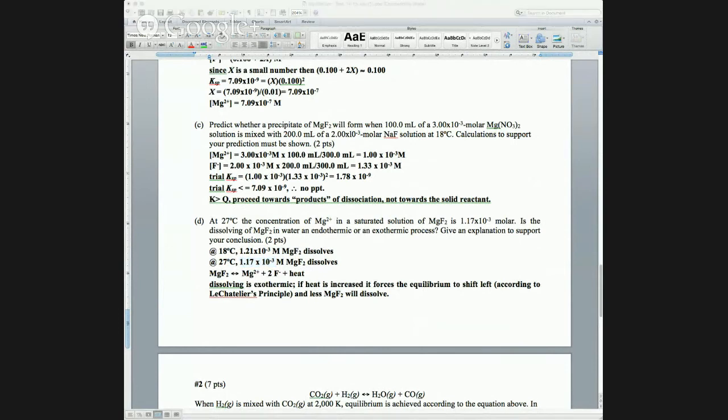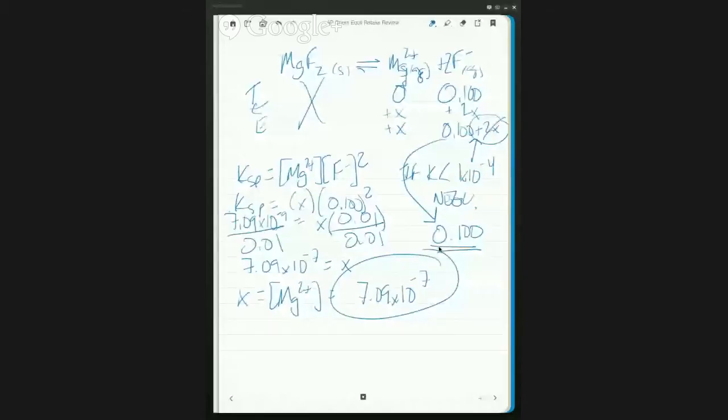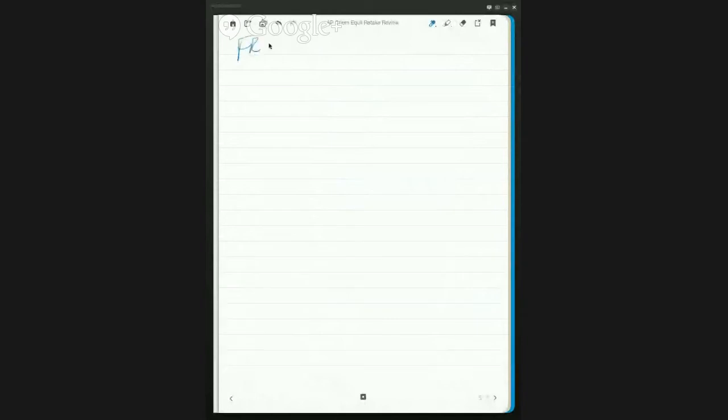So let me show you the bamboo tablet. There we go. All right. So this is free response 1D on the test. I'm sorry, let me rewrite this so you guys can see it. 18 degrees, 1.21 times 10 to the negative 3rd. 27 degrees Celsius, 1.17 times 10 to the negative 3rd.